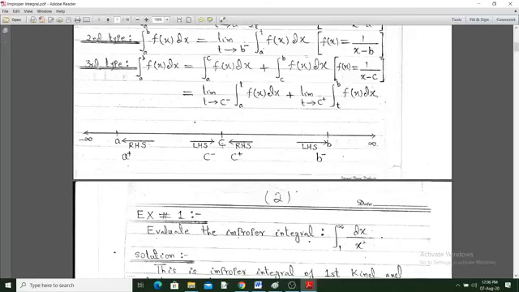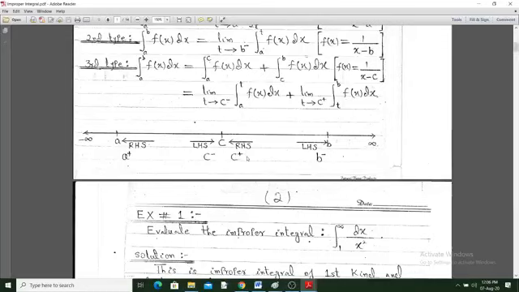If we move towards c from the left hand side, we write c negative. C negative just means we move towards c from the left hand side but never equal c. Similarly, c positive means we move towards c from the right hand side but never equal c.